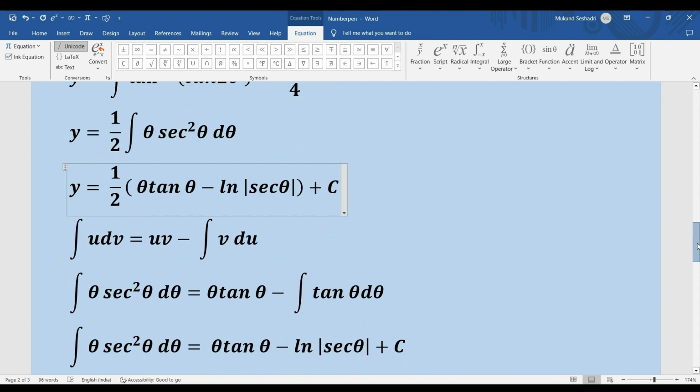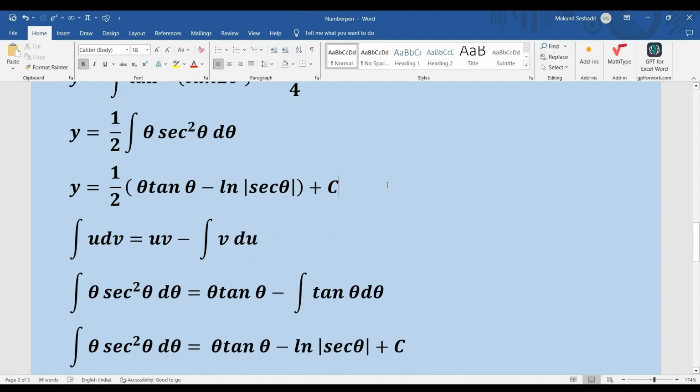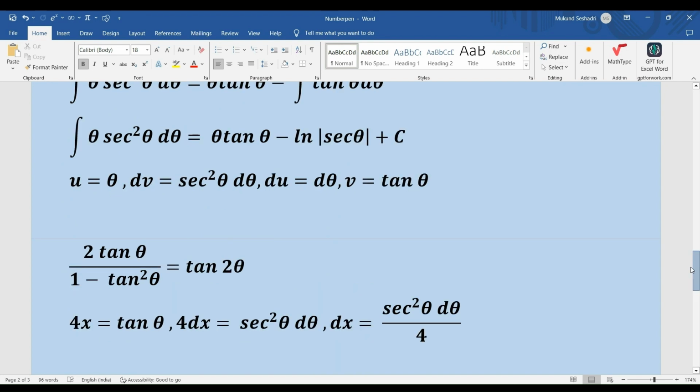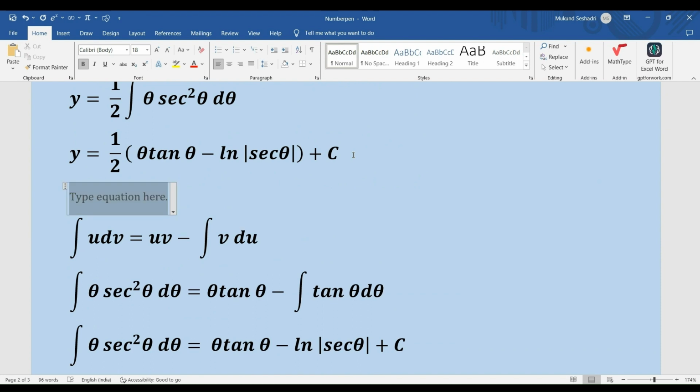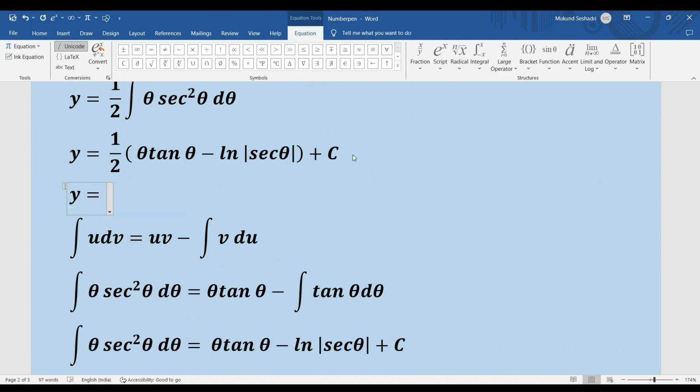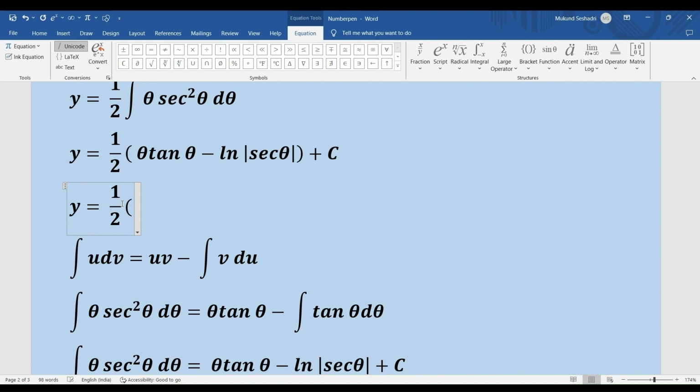This is what I have as my final answer, but I know that I cannot leave it in terms of theta, because what I've been given in the initial question is in terms of x, and therefore I'll have to rewrite everything in terms of x, right? Now, what is that original substitution that I made? I made the substitution 4x equals tan theta, right? So when my 4x equals tan theta, what is my theta in terms of x, right?